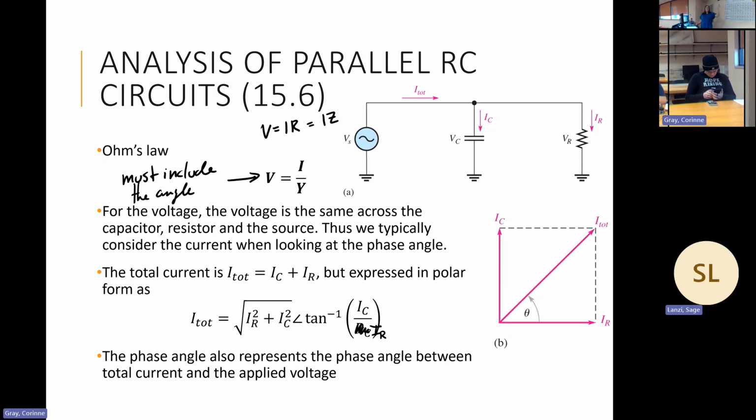So the current through the resistor. And this is a positive angle, unlike with the impedance.